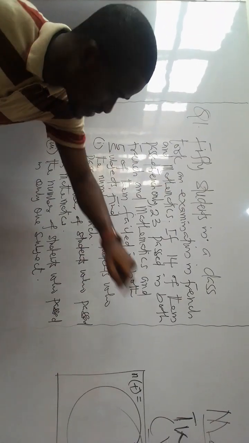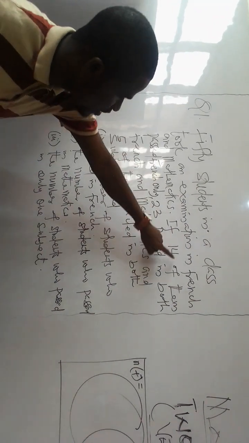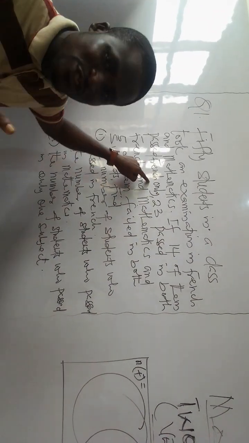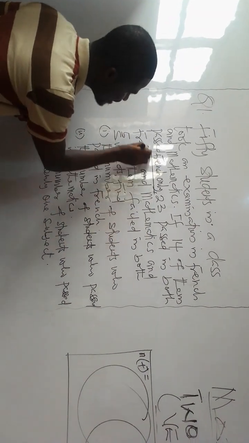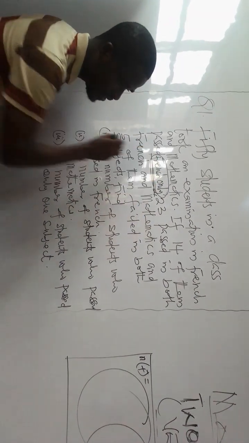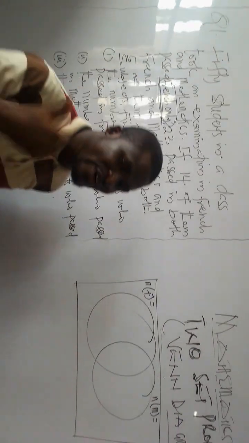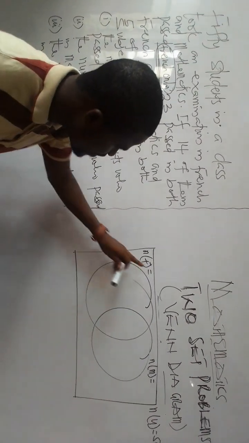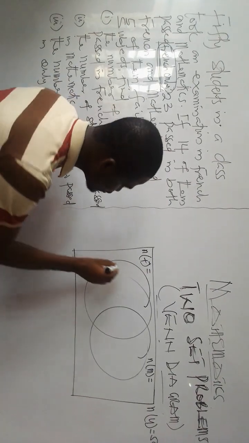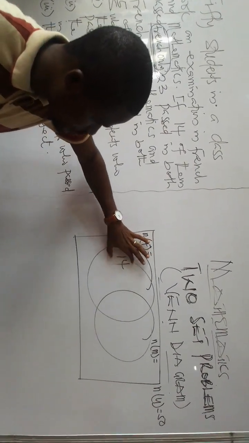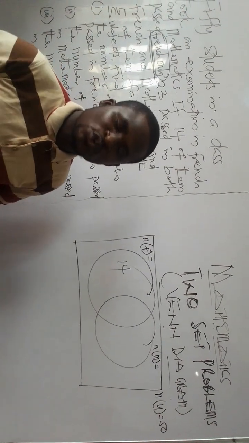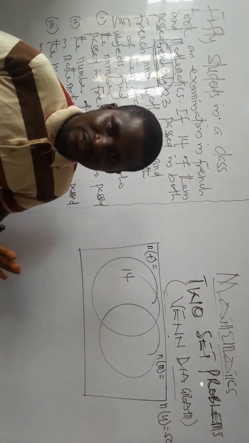50 students in a class, and 14 of them passed French only. So the key word here is French only. That's the key word, French only. Now, because the question said French only, I will not write the 14 here. The 14 will be here, French only, because this place represents those who did French only.